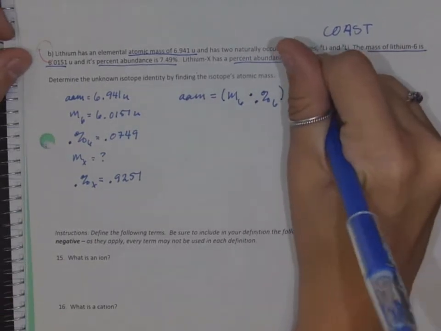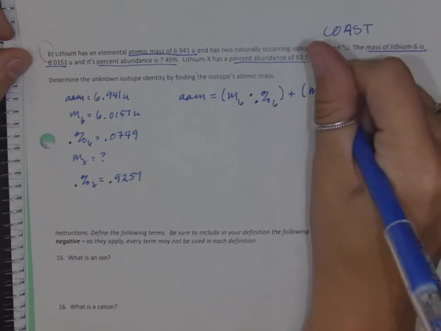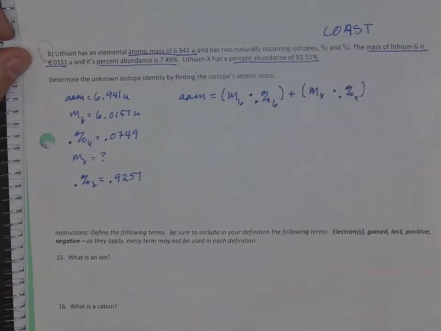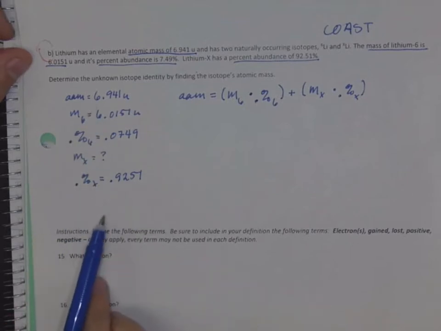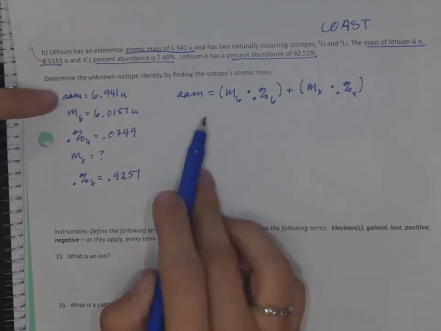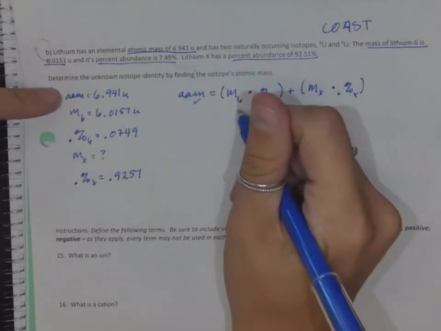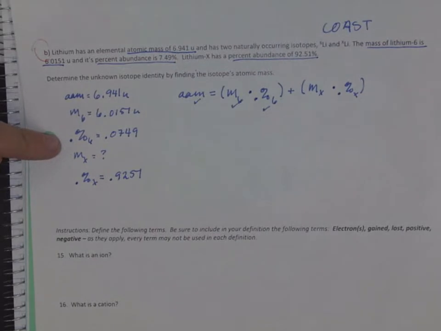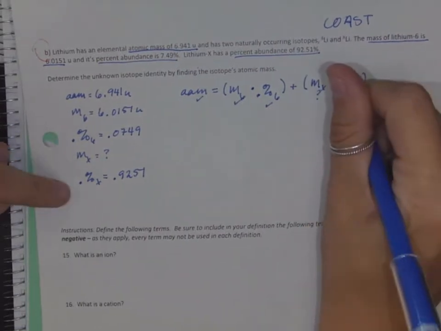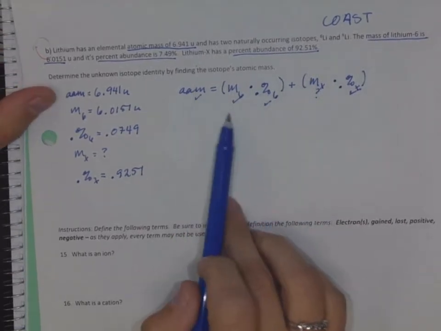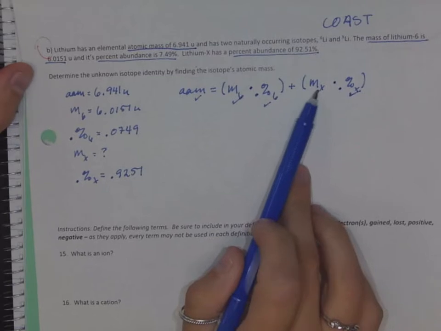So it's going to be the mass of the unknown multiplied by the decimal percent of that unknown. When I look at my list here, I know everything except for what I'm solving for. Like we have the average atomic mass, we have the mass of 6, we have the decimal form of the percent abundance for 6, we're solving for the mass of the unknown, and we know the decimal percentage of the unknown. So our goal is to rearrange this to solve for that unknown.